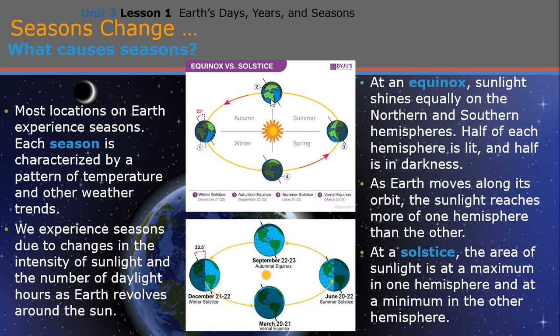But this equinox marks the beginning of the cold season, not the warm season. So the nights are going to become longer after this point, and the days are going to become shorter after this point, of course. At that point, which is the autumnal equinox, September 22-23, the daylight hours are equal to the nighttime hours.